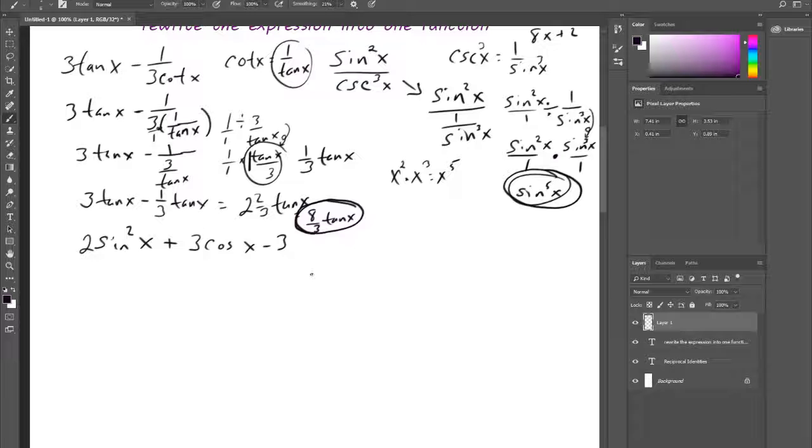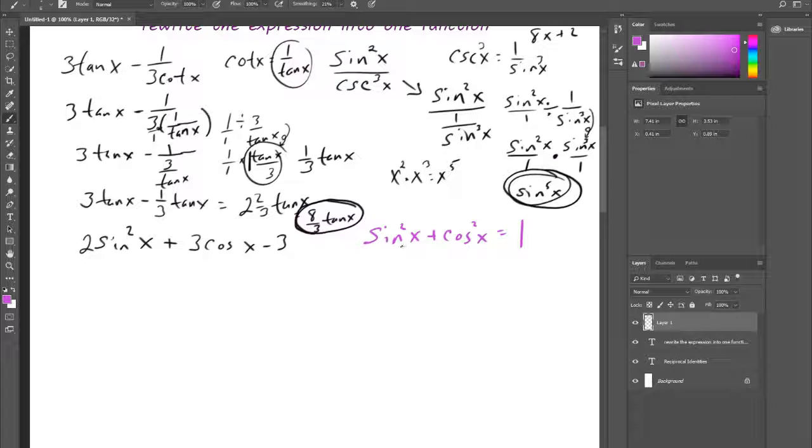All right, our final one down here is a little bit bigger, and it would be nice if we could somehow make sine squared x into a cosine. Of course there's a way to do it because there's a trig identity, I'll write it in purple, that states sine squared x plus cosine squared x equals 1. We've been going over that.